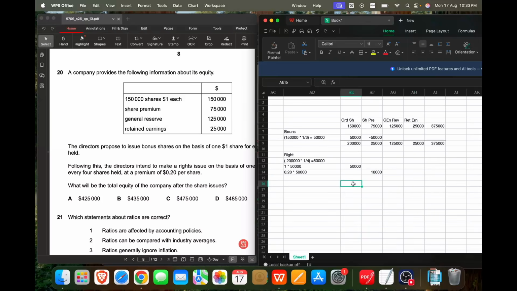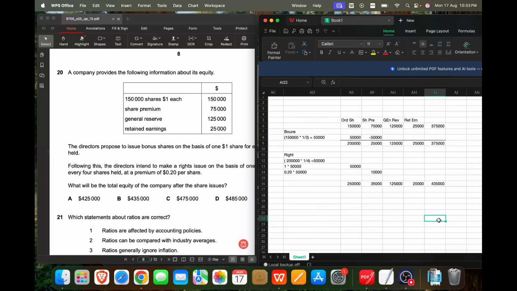So the new value of the shares that we have is 250,000, and this one is 35,000, 125,000, and if I add all of this, the new equity that we have is 435,000.